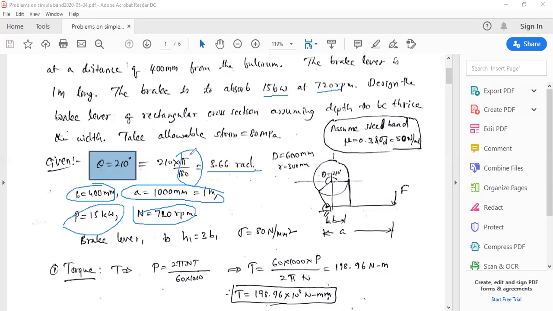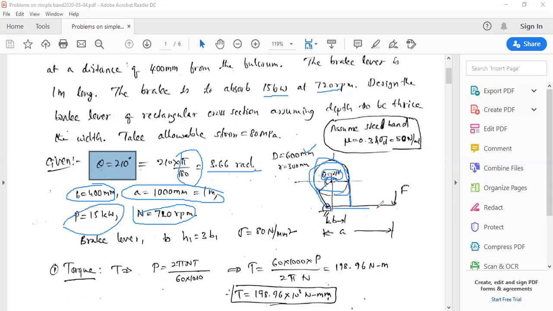These values are given, but the sketch is not given. So by using the given information, you can plot the sketch. Initially, a brake drum of diameter 600 mm is to be drawn, and one end of the band is connected to the brake fulcrum point, and the other end is connected to the brake lever. We have to see that the approximate angle subtended by the band in contact with the drum is 210 degrees, as given. By considering that value, we have to plot the sketch.